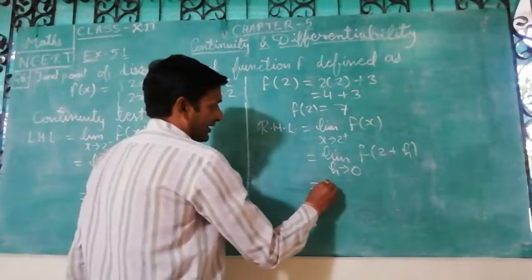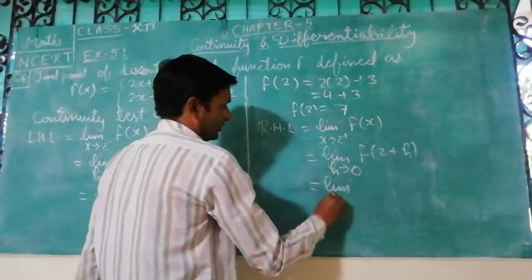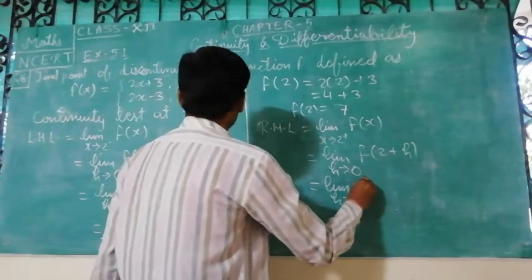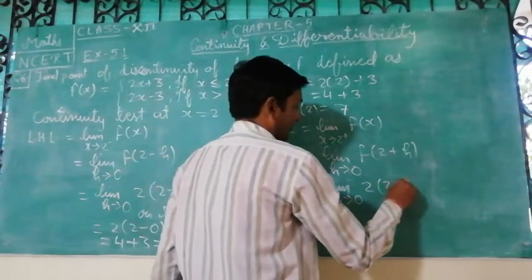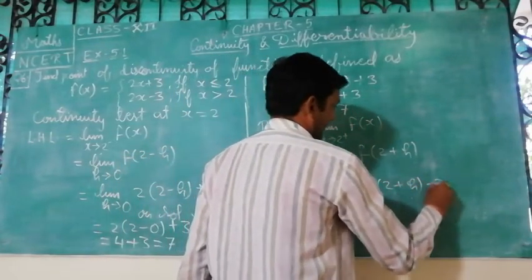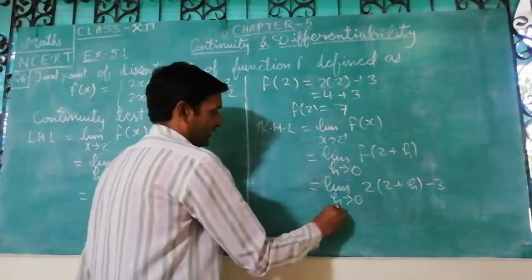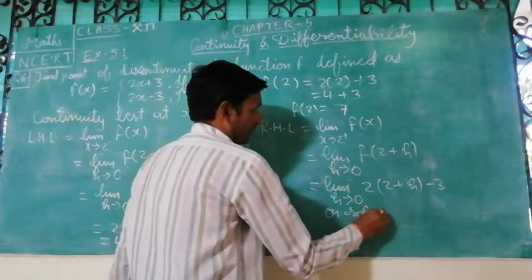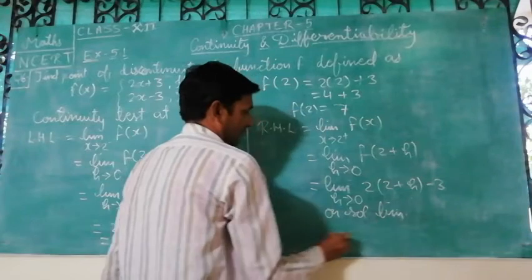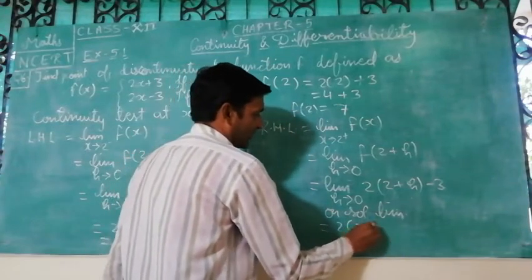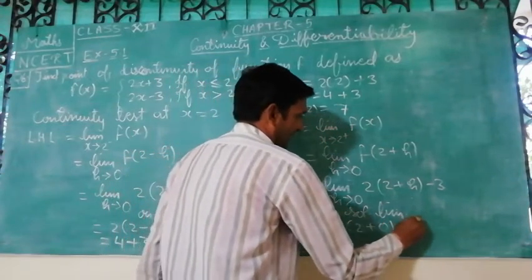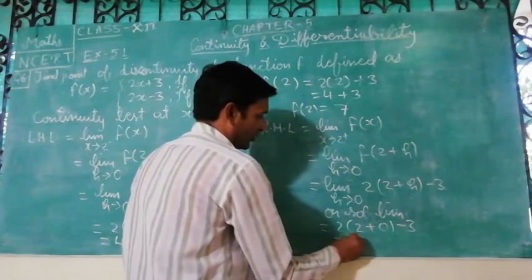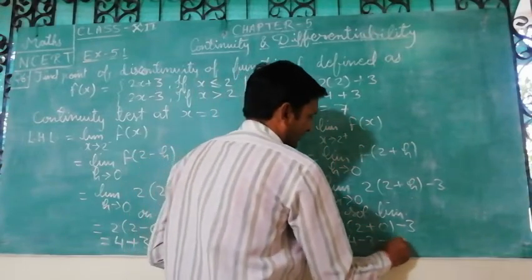So limit h tends to 0 of 2 into 2 plus h minus 3. On solving, this will be 2 into 2 plus 0 minus 3, so it will be 4 minus 3, that is equal to 1.